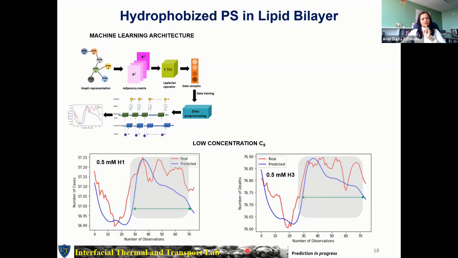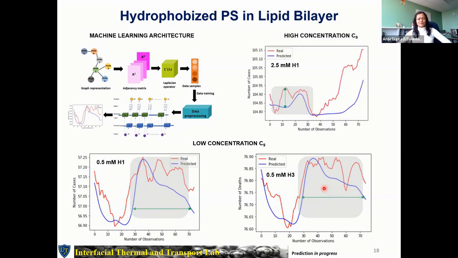So we noticed our machine learning model was able to predict the location of the peak, where the melting peak would fall, but it did not predict these phase separating domains, unfortunately.